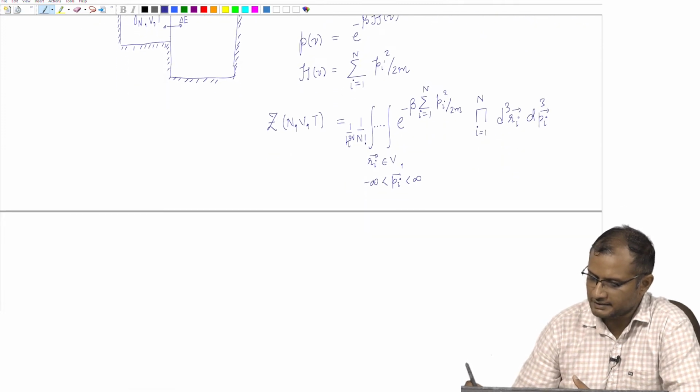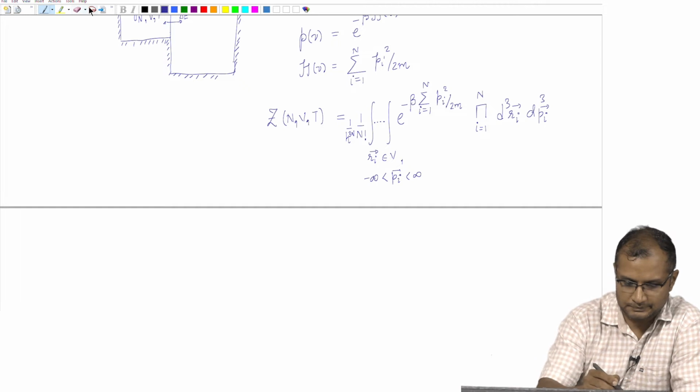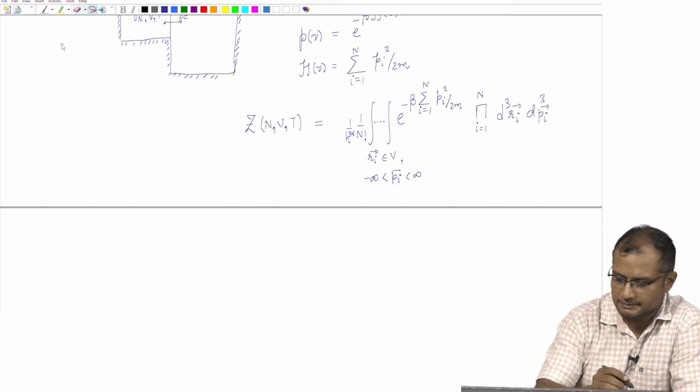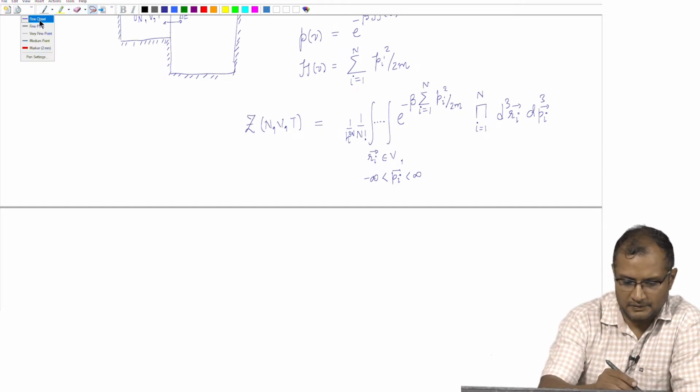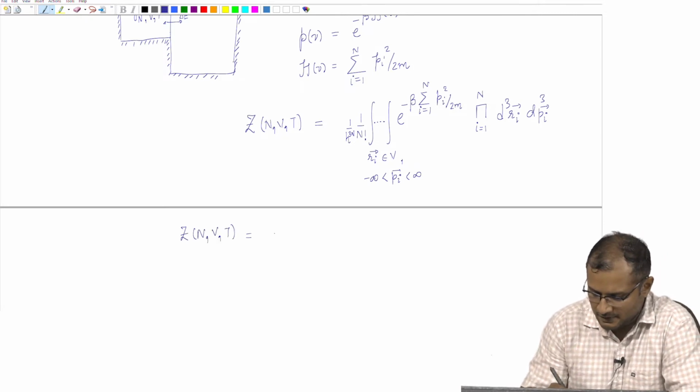And finally, if I compute this partition function, then I will observe that I get this very simple expression.